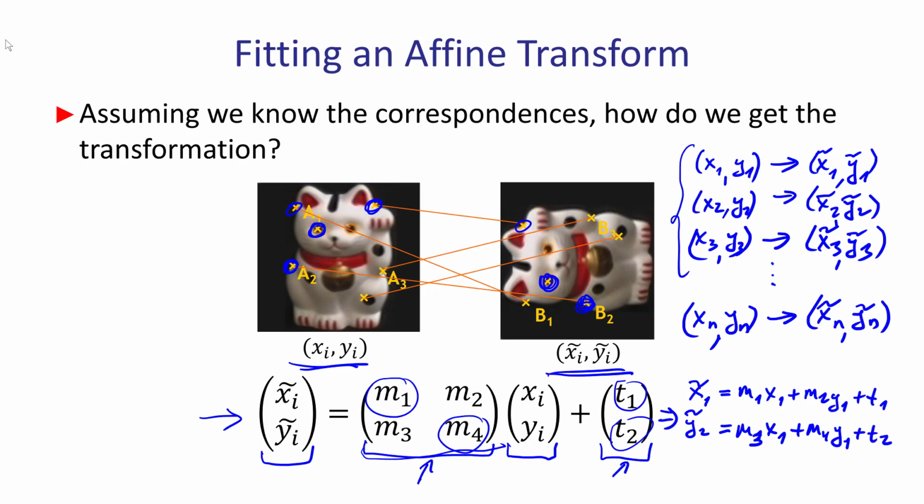Now you continue with point number 2. x2 tilde equals m1 multiplied now by x2 plus m2 multiplied by y2, because this is point number 2, plus the same t1, because this is constant, this is just translation vector. y2 tilde equals m3, it will be still x2 plus m4 y2 plus t2.